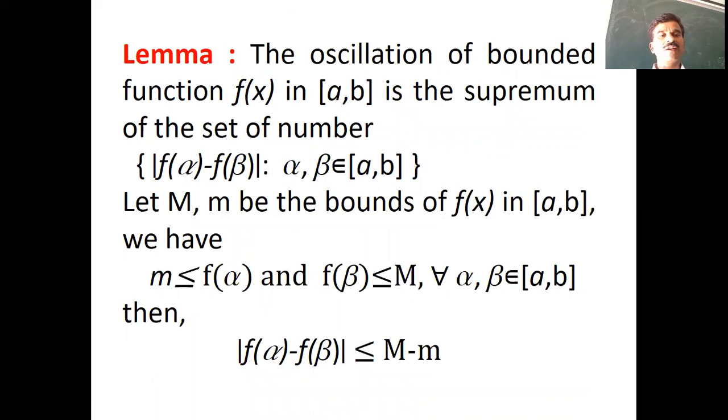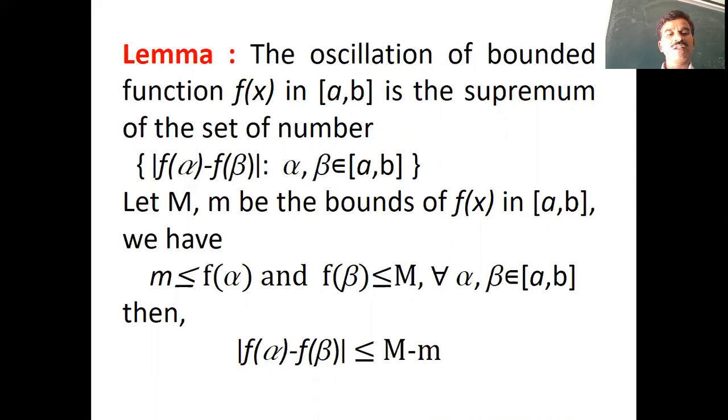I would also like to discuss one lemma which will be helpful in deriving the next theorem. The oscillation of a bounded function f(x) in [a, b] is the supremum of the set of numbers |f(alpha) minus f(beta)|, where alpha and beta belong to [a, b]. Let M and m be the bounds of f(x) in [a, b].